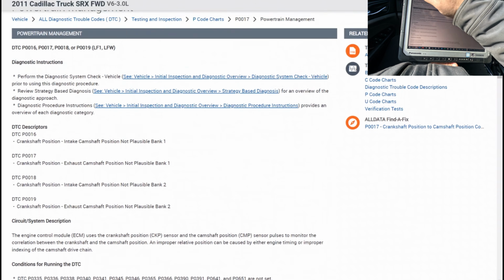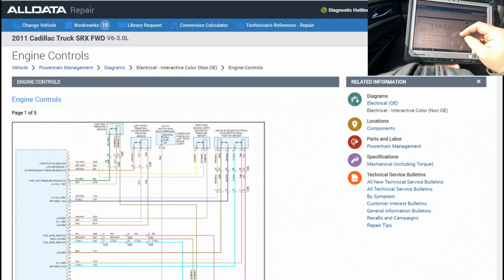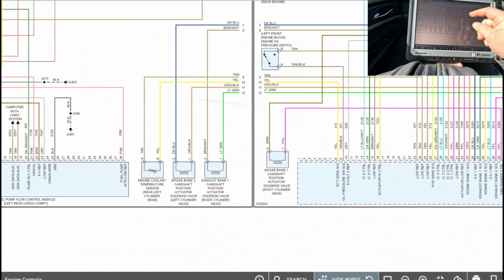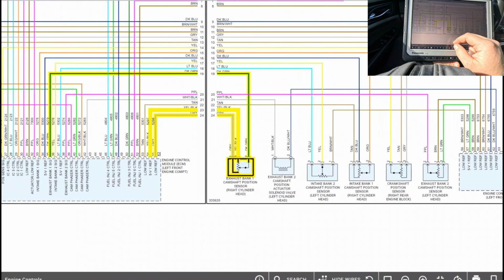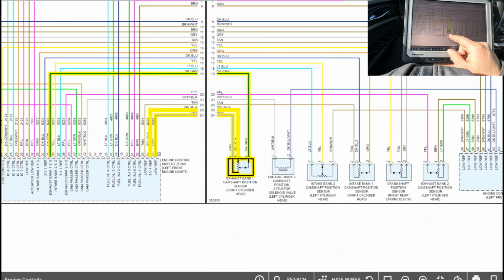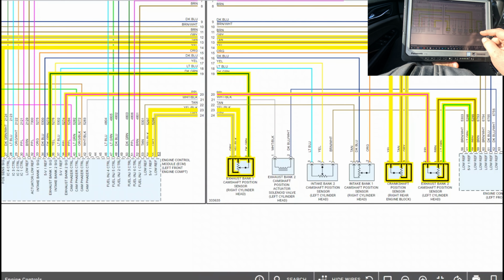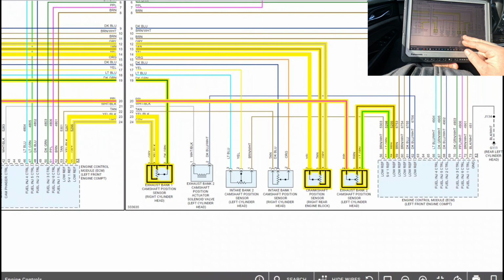Alright, so let me just look up a diagram for this. Alright, they're Hall effect sensors. That's the crankshaft position sensor, left cylinder head. Okay, fine.